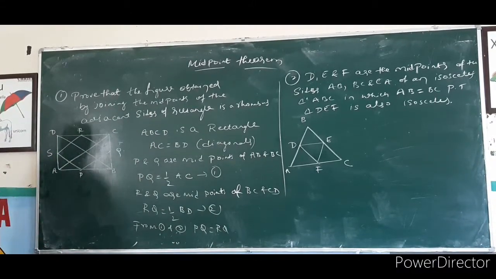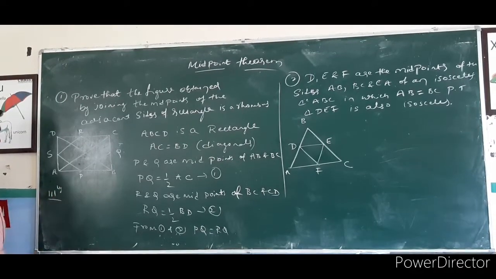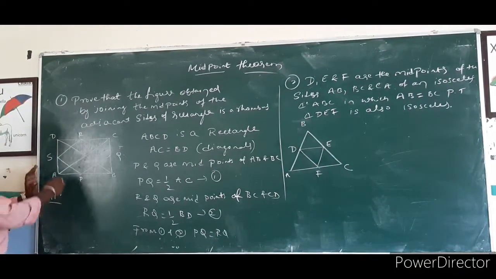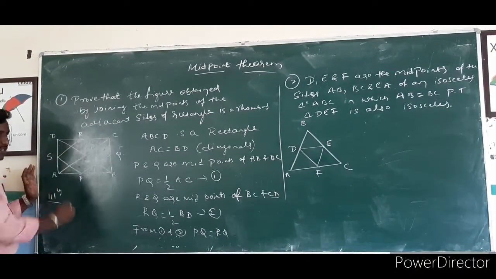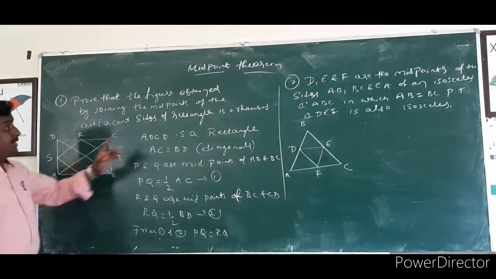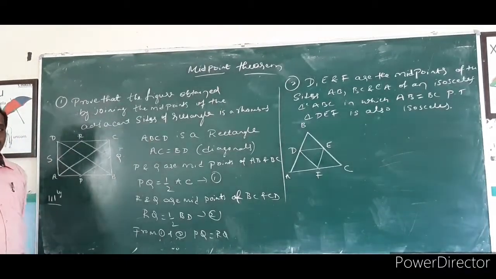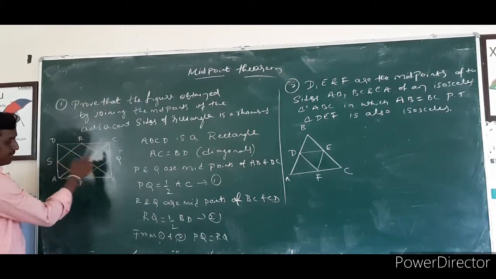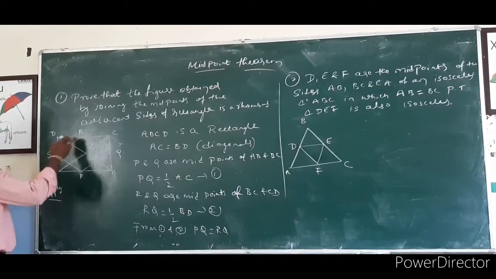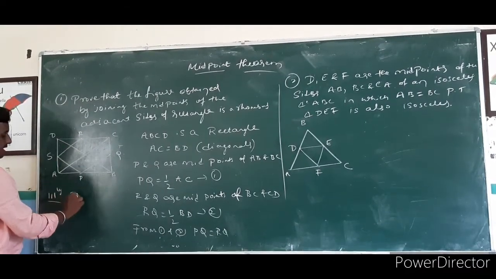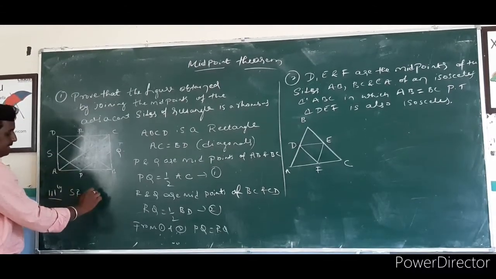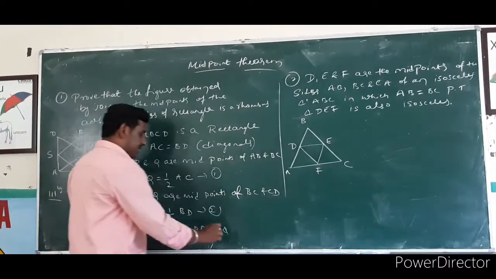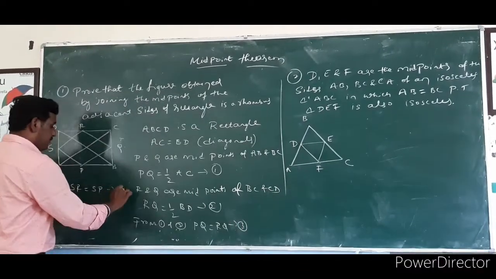In geometry, if I show one part is the same as another part, we can prove similarly. What we have to prove is that joining all the midpoints of the sides of the rectangle gives a rhombus. A rhombus means all four sides are equal. We proved PQ is equal to RQ. Similarly, if you take midpoints like this, automatically SR is equal to SP. These two sides are also equal; this is equation number 3 and 4.